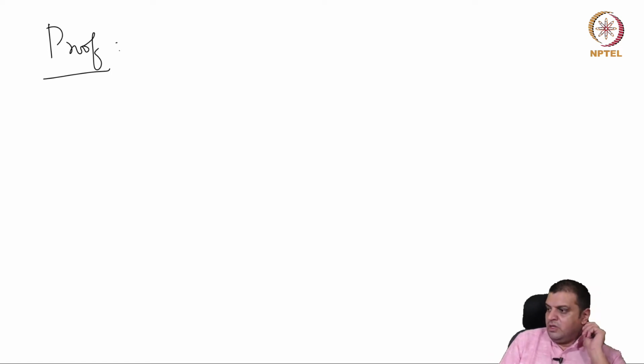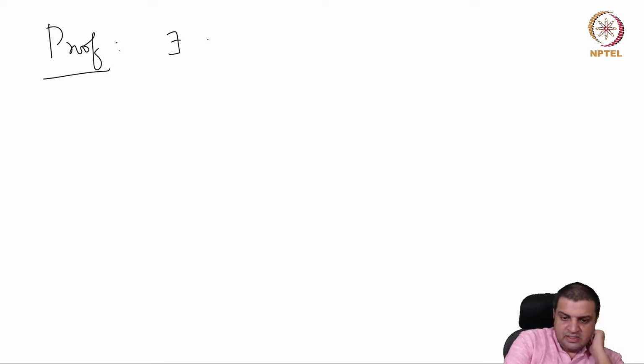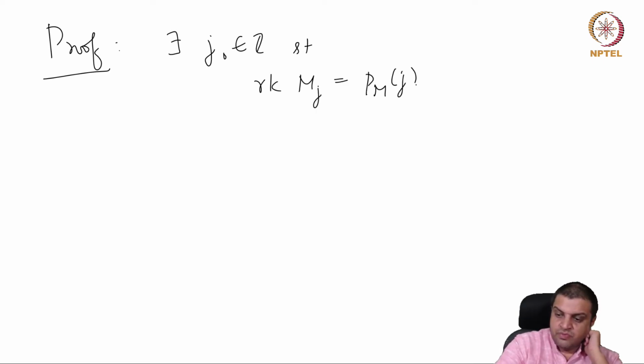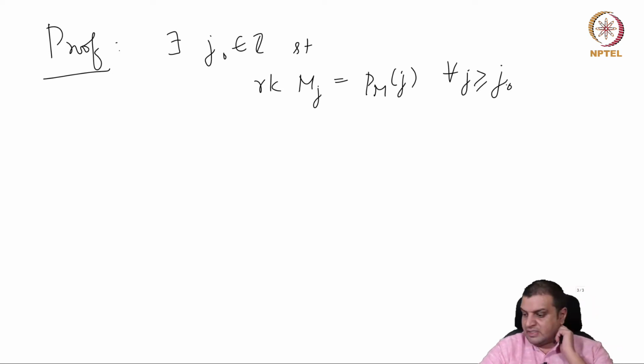Notice that there exists some integer j0 such that the Hilbert function, the rank of Mj, equals Pm(j) for all j greater than or equal to j0. There is a polynomial with this property; that is how we defined Pm.